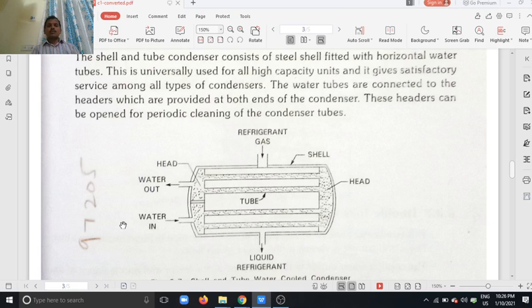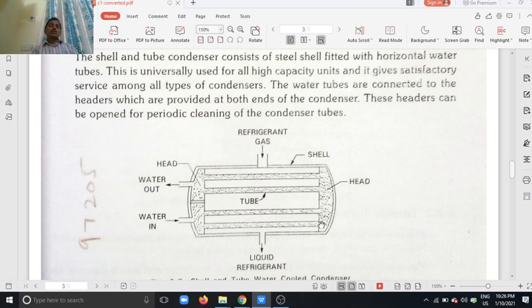See here, the water is entering into the shell. This water contacts the outer surface of the tubes. Inside the tube is refrigerant, outside the tube is cool water. This water absorbs the heat from the refrigerant. Due to density, it moves upward.